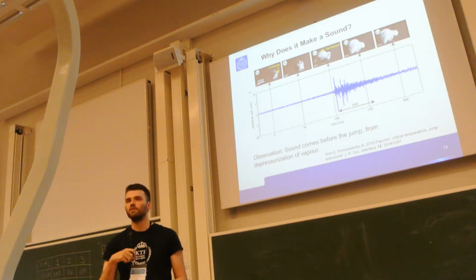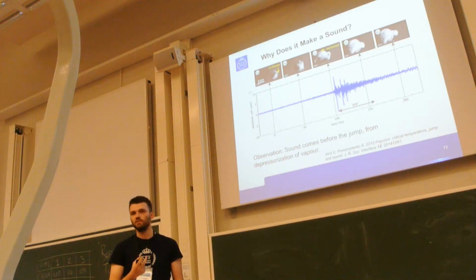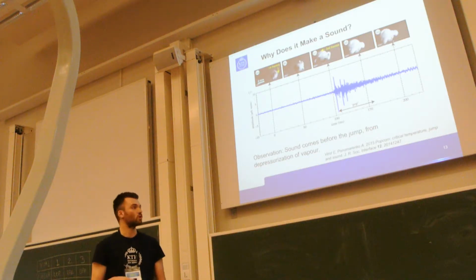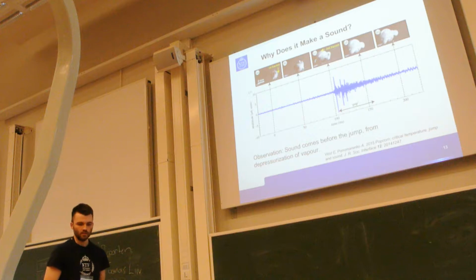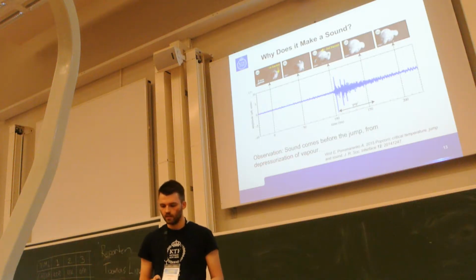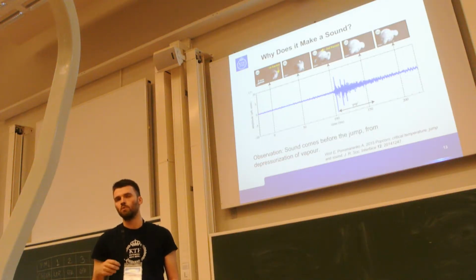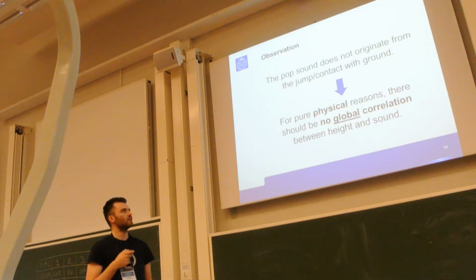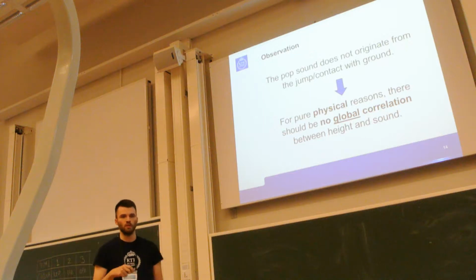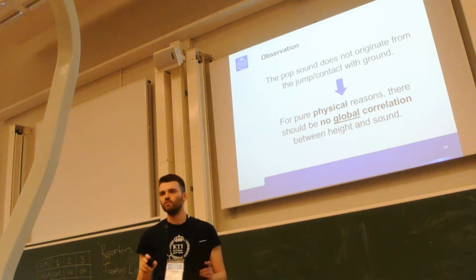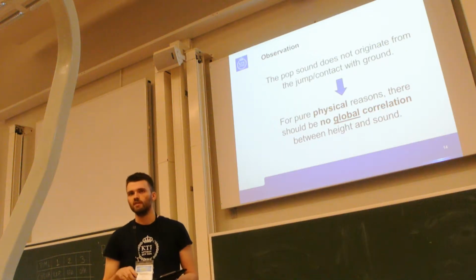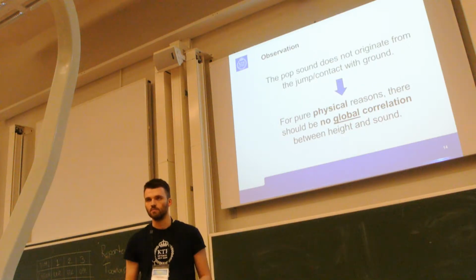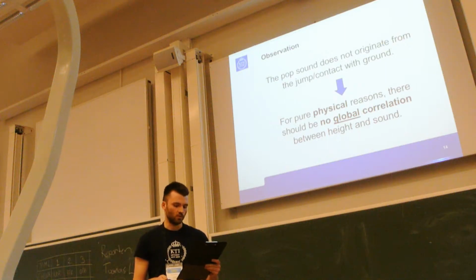It's because of the high pressurized chamber that gets depressurized, producing some kind of shock wave. So this, together with the fact that not all popcorns jump but they can still make the same sound, means that there should be no global correlation between the height and the sound. But maybe if we filter out the ones that burst underneath, we can actually devise the system that this problem asks us for.